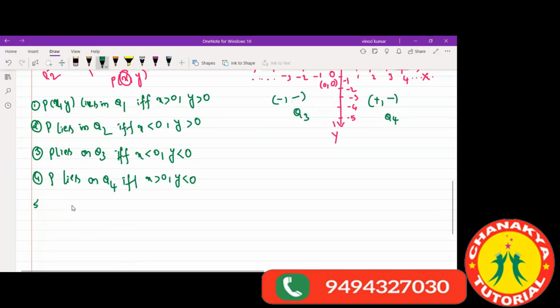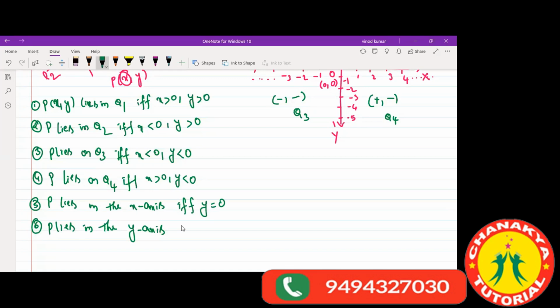Suppose P lies on the x-axis. P lies on the x-axis if and only if the y value is 0.